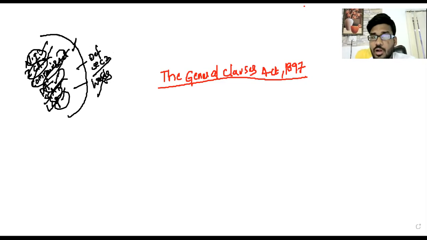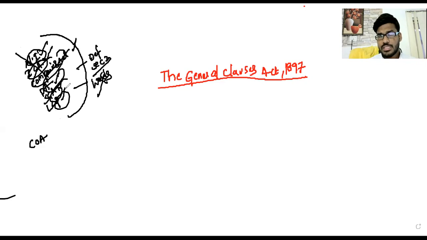Or in the Companies Act 2013, shares and securities are not defined. We have already done the prospectus in the Companies Act. The prospectus definition mentions securities, but securities are not defined under the Companies Act. Like that, some words are not defined under the respective acts.